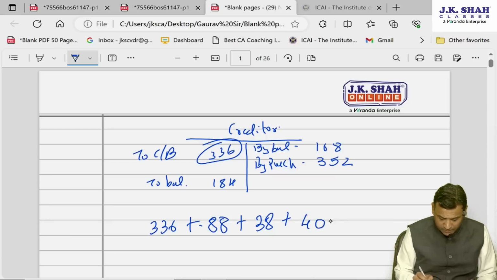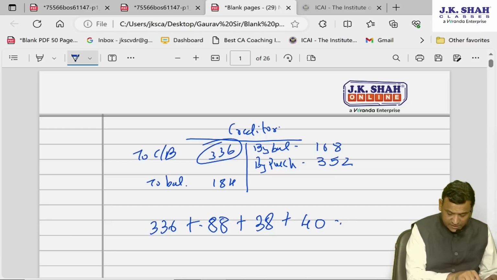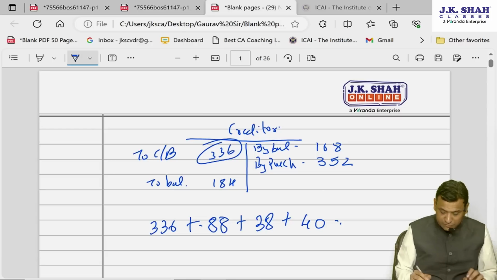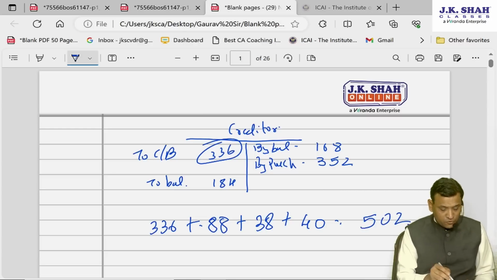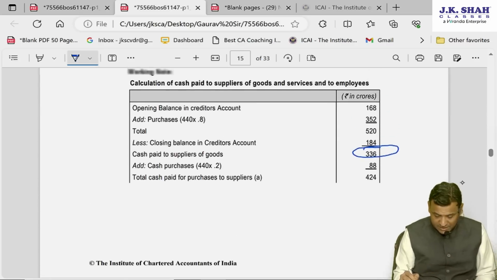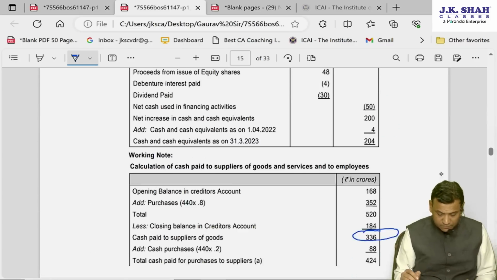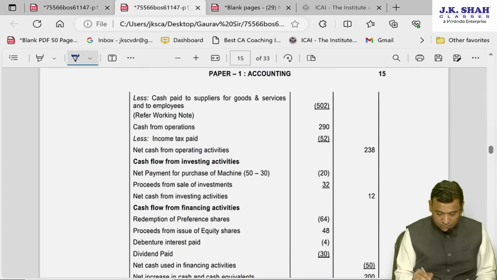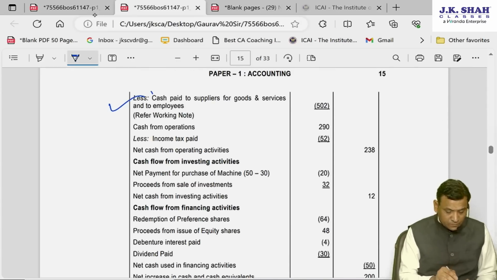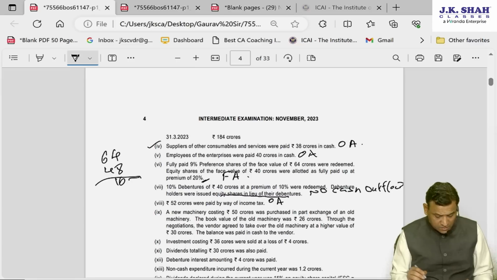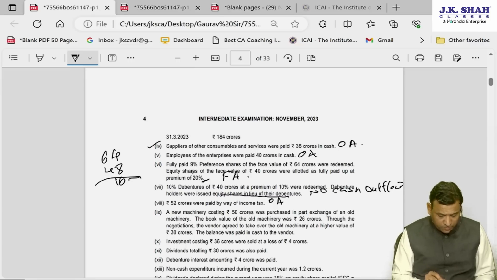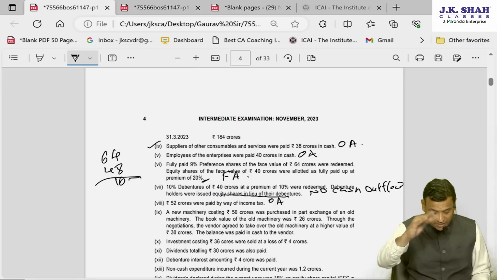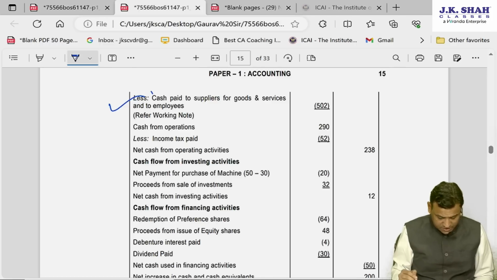Together, friends, 336 plus 88 plus 38 plus 40 gives me 502, my cash outflow. This is what is represented here, 502. Done? Okay.